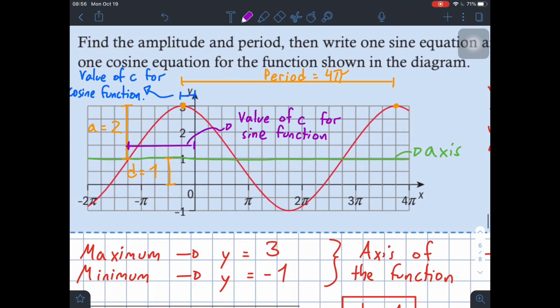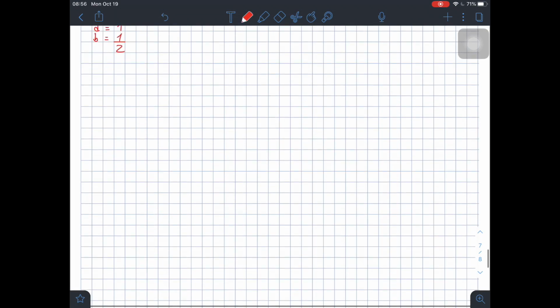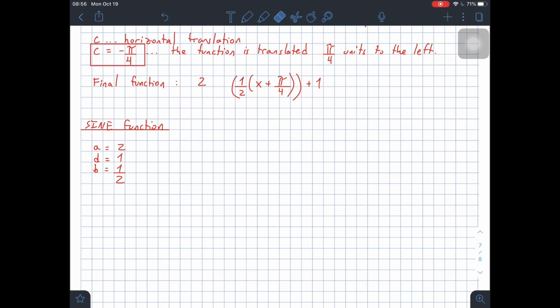So once we have this plotted, we can calculate how much this is. It's negative pi minus pi over 4. That would be the value of C. So let's go down and write this down. Let me write the explanation first.